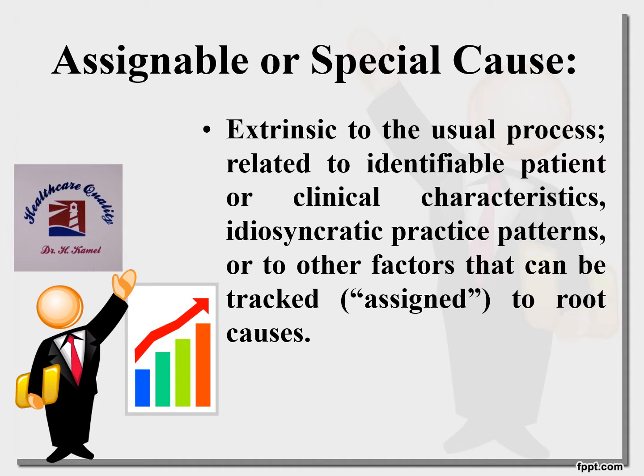Assignable or special cause is extrinsic to the usual process, related to identifiable patient or clinical characteristics, idiosyncratic practice patterns, or to other factors that can be tracked and assigned to root causes.